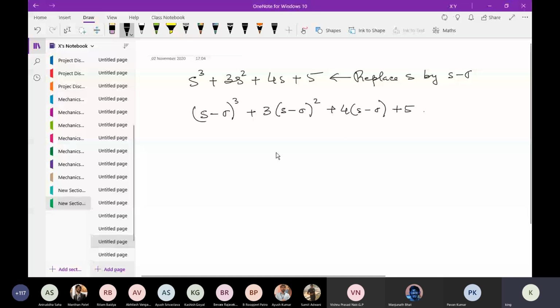So when you do this, what are you effectively doing? You are effectively shifting your origin. Okay?